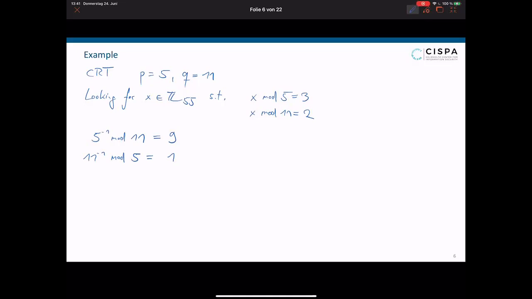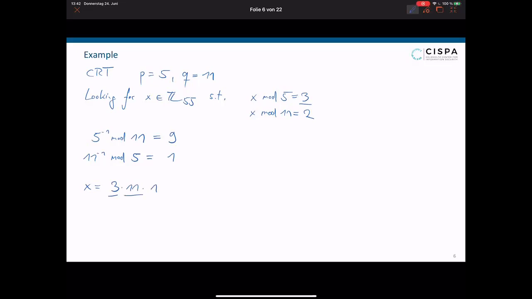So let's do this. Now our X is first we have this 3, right? From here, 3 times exactly 11 times 1, right?